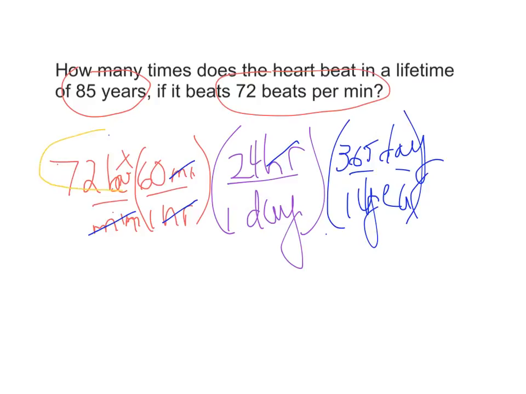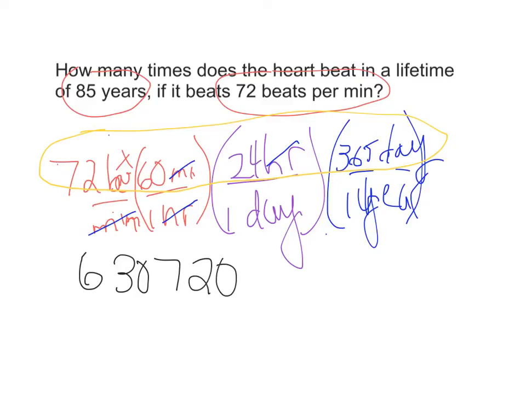What's 72 times 60 times 24 times 365? And so if you were doing that math, you would have come up with 630,720.